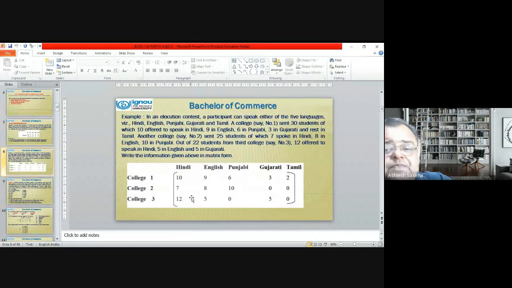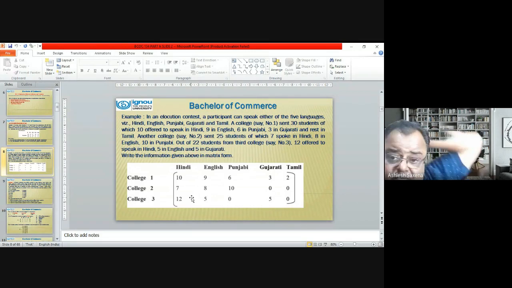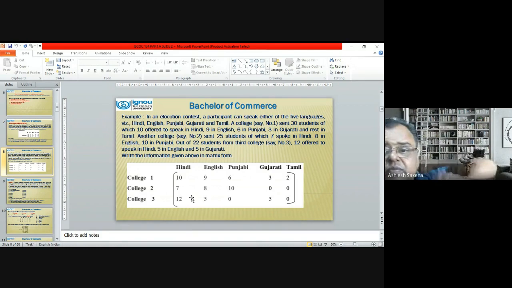Third, they sent 22 students from the third college. That means 12 offered Hindi, 5 English, and 5 Gujarati. Sum is 22. Write the information given above in a matrix.